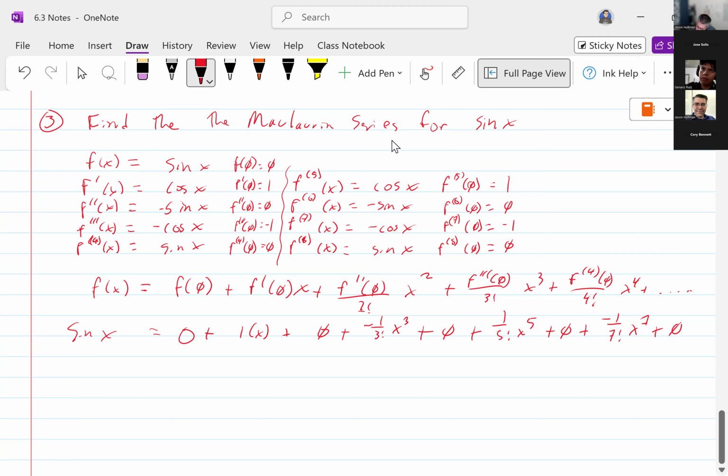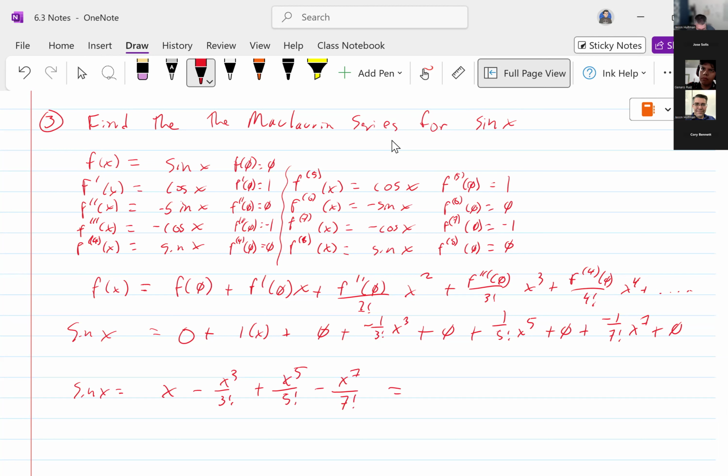Okay, so the sine of x is actually x minus x cubed over 3 factorial plus x to the 5th over 5 factorial minus x to the 7th over 7 factorial. And that's an alternating series. Okay, it's an alternating series of the odd powers.